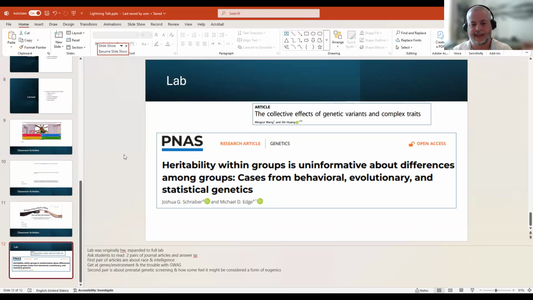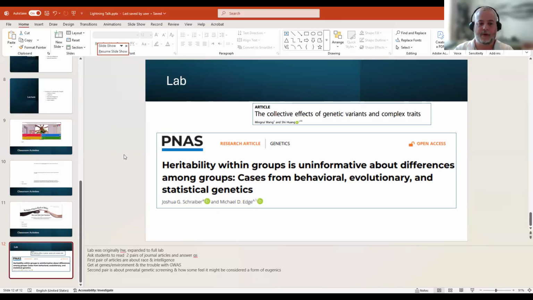We try to get at the distinction between genes and the environment and the relative contributions of each, as well as touching on the trouble with over-interpreting genome-wide association studies, which look at entire genomes of different human individuals in different groups, and try to associate different outcomes with different groups of alleles. Those are very, very ripe for overinterpretation and misinterpretation.